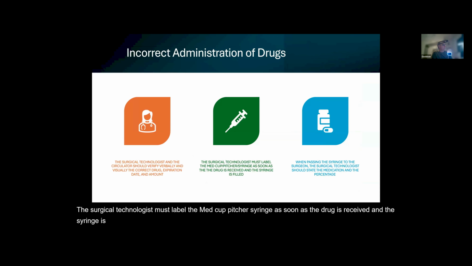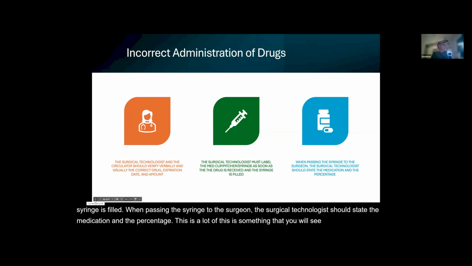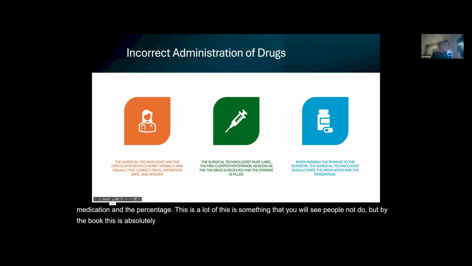When passing the syringe to the surgeon, the surgical technologist should state the medication and the percentage. This is something that you will see people not do. But by the book, this is absolutely what you should be doing, and this may be asked on the test. So remember that when passing the syringe, you need to say the medication and the percentage.